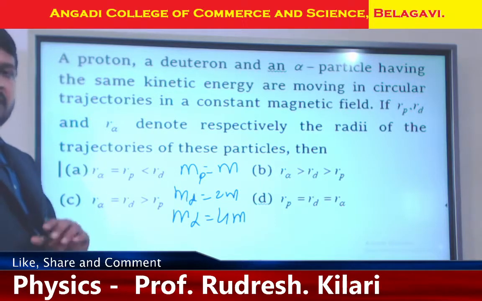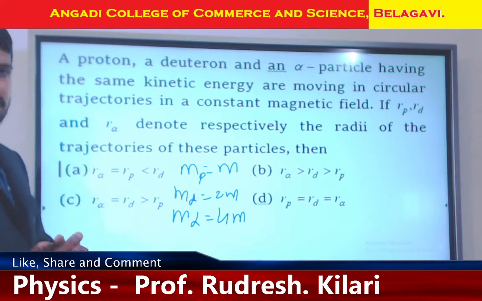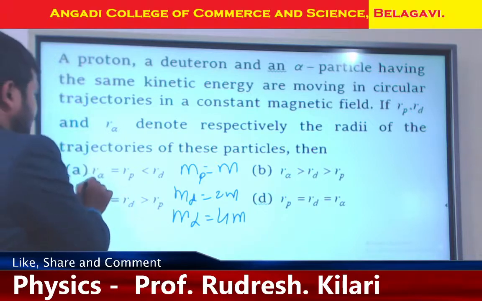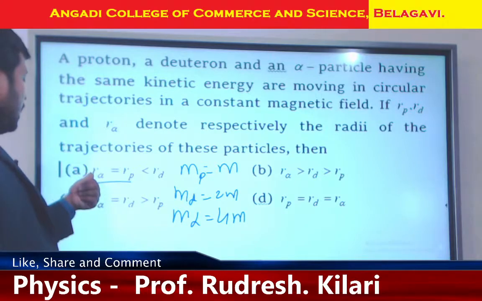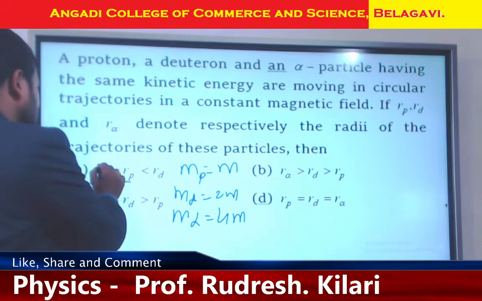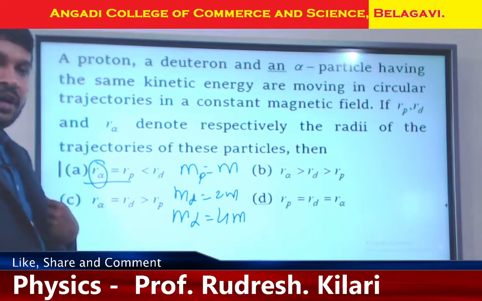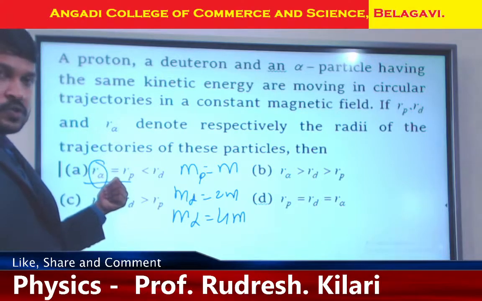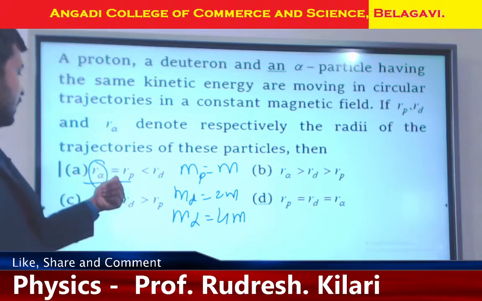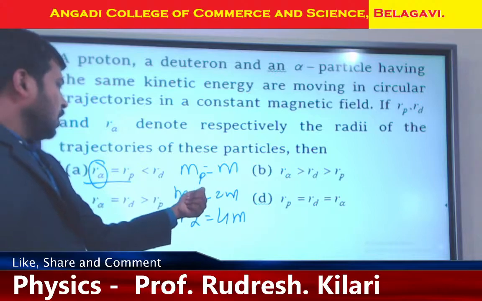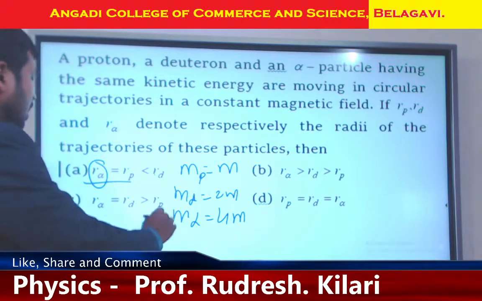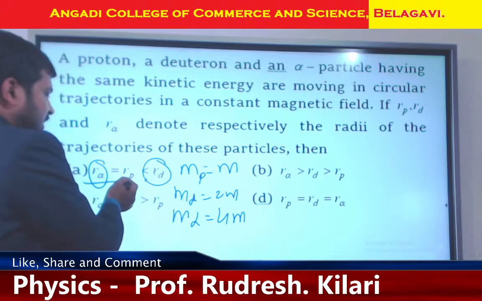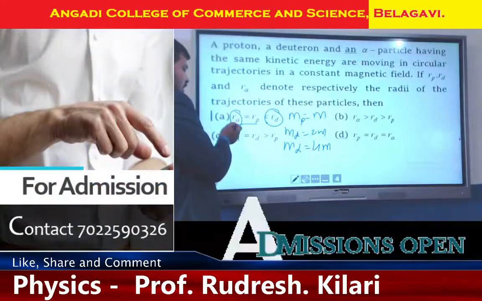We know that when the mass increases, radius also increases. Okay, now here atomic number and mass number, right? R alpha is nothing but what? Radius of alpha is equal to R proton and greater than R deuteron. Okay, R deuteron is greater than R proton.